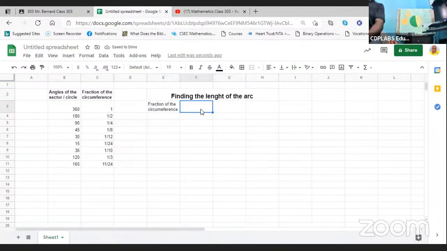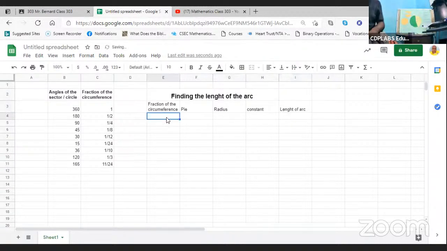Then we need to know what pi is, and we know what the radius is. And then our constant, which is 2. So we're multiplying everything. So this will be the length of arc at the end of it.